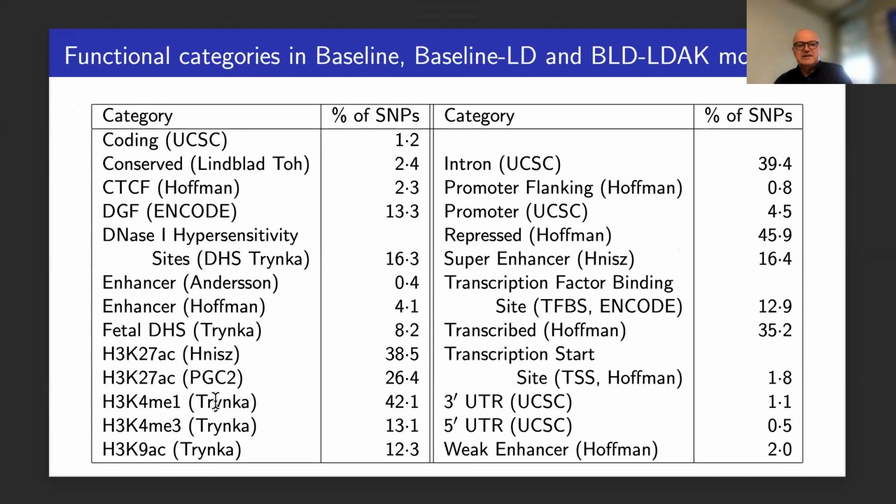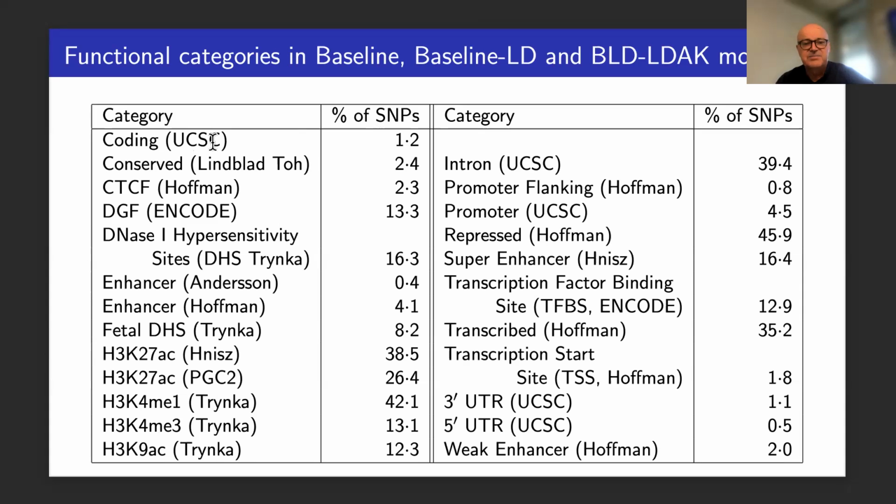I mentioned earlier these functional annotations, and so I'm going to look at them a little bit more closely now. These were the functional annotations proposed by the Boston group. I think it dates back to their 2015 paper. And this is the percent of SNPs that fall into that functional class. So 1.2% of SNPs from the UK Biobank.